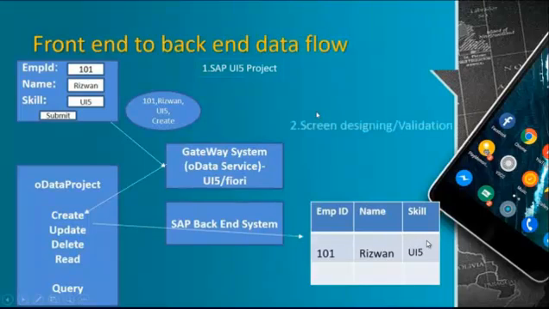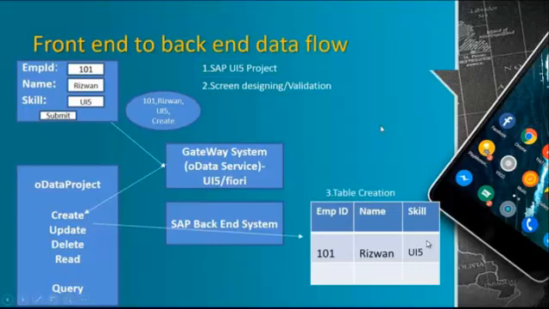Step number 2, we develop the screens and any validations on top of it. Step number 3, we create the necessary table or tables. Step number 4, we go to the backend, go to the T code SEGW and create an OData project. And inside the OData project, we implement the business logic for the CRUD operations. This we already discussed.